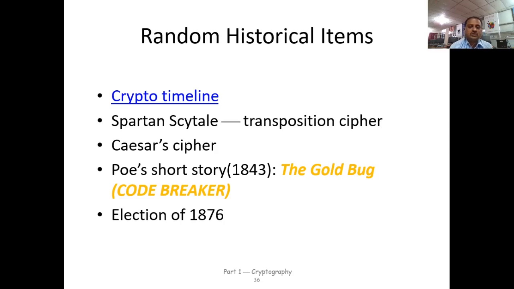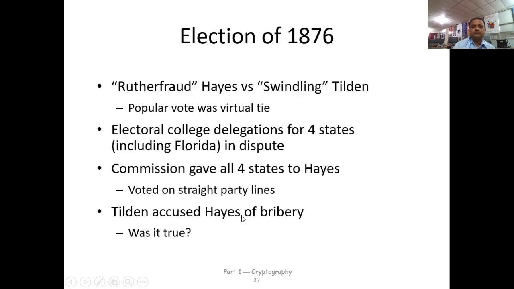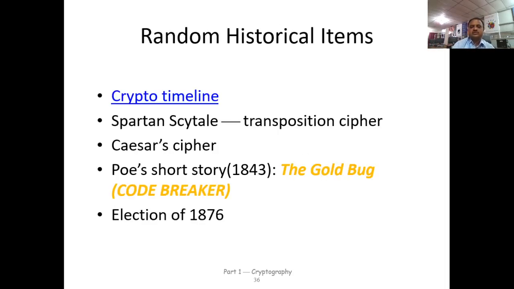These are events that happened during such durations, and for such events, various cryptographic techniques were applied for encrypting the data. A good example is how the election of 1876 was conducted. I will discuss this in the next class.